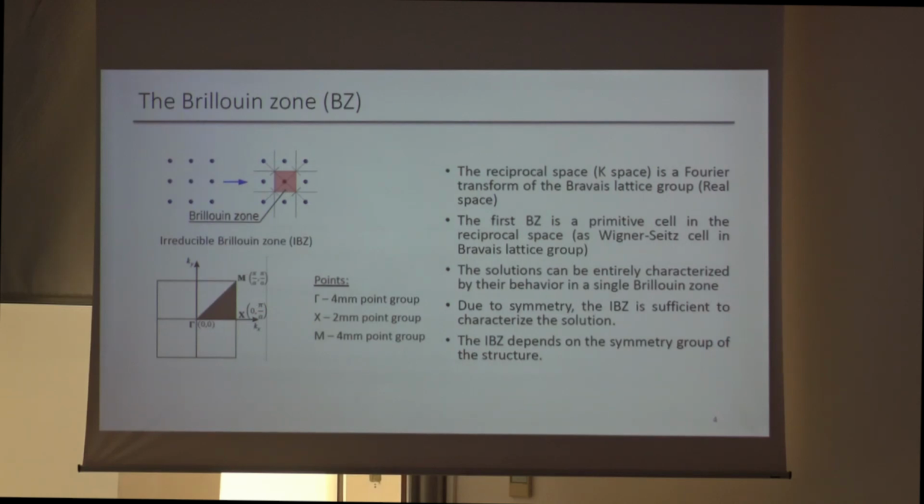But if we go to the reciprocal space, which is the Fourier transform of the Bravais lattice, or real space, there we can also define the primitive cell, which we call the Brillouin zone, in a similar fashion.